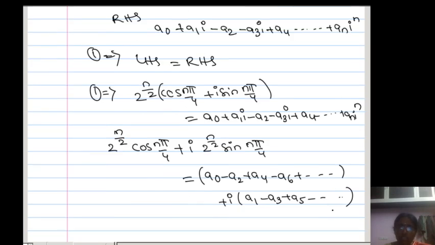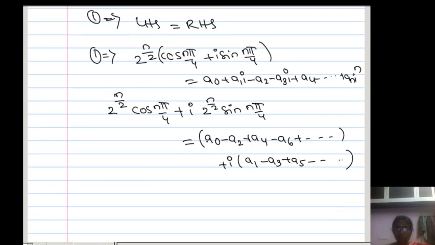Now comparing: this is one complex number, real part plus i into imaginary part, and here also real part plus i into imaginary part. Two complex numbers are equal if the real parts are equal as well as the imaginary parts, so I am equating them.